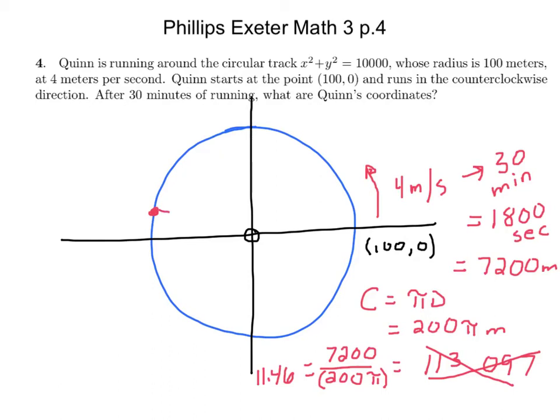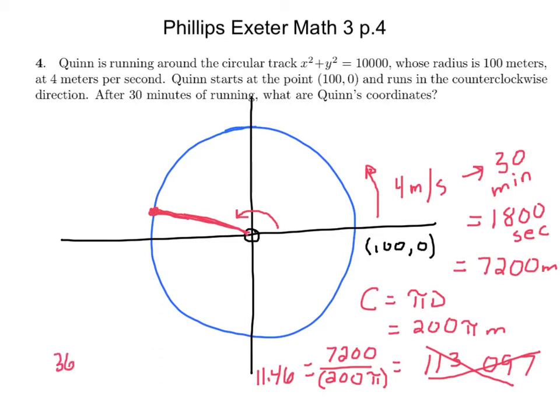Okay, so now we want to know the coordinates of that point. That is not a straight line, but we want to get the idea of what that coordinate point right there is. And what we've been learning lately is that to find that coordinate point, we need the angle right here. So, how am I going to find that angle knowing that that is 0.46 times around the track?